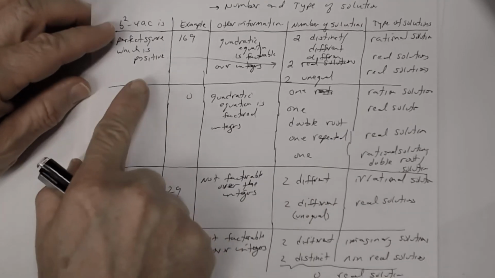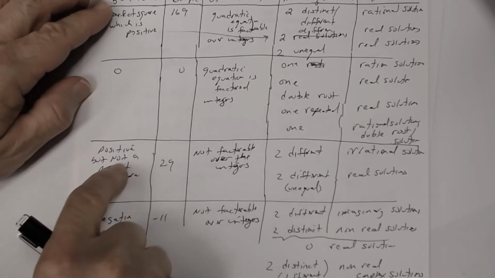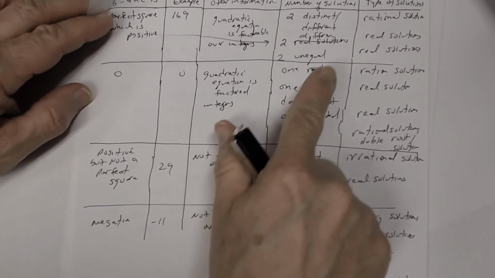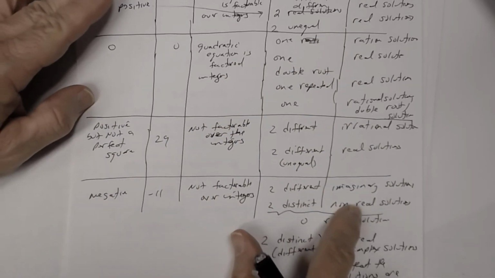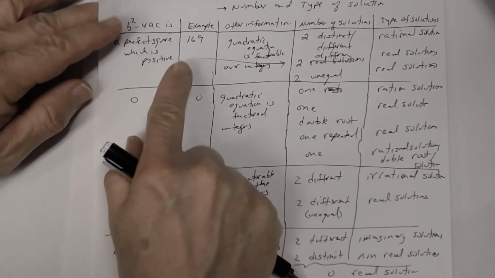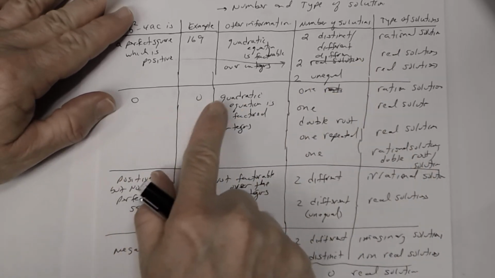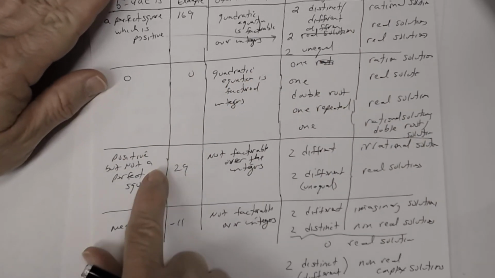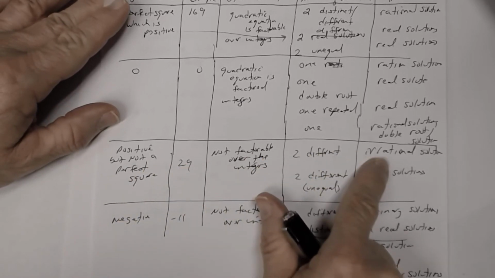Okay? So keep in mind, if your discriminant is positive, or 0, you're going to get real solutions. Okay? The only time you get imaginary solutions is if the discriminant is negative. If it's a perfect square, though, they're rational. If it's 0, you get 1 rational. If it's not a perfect square but still positive, it's irrational.